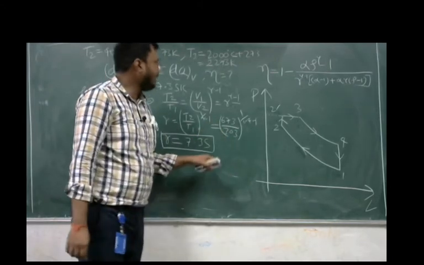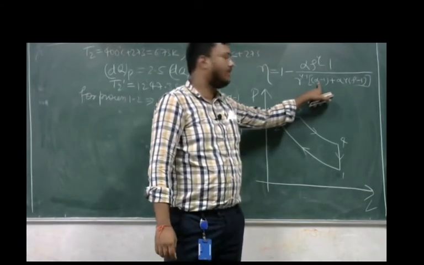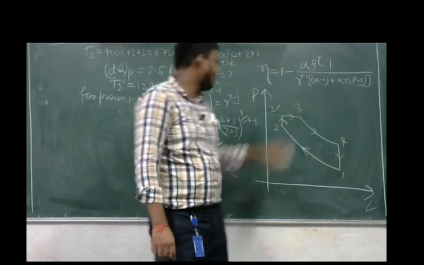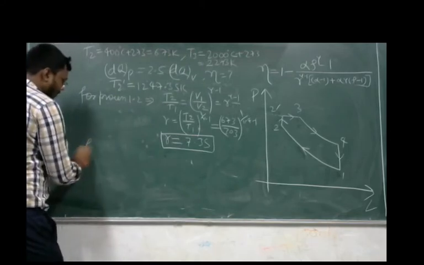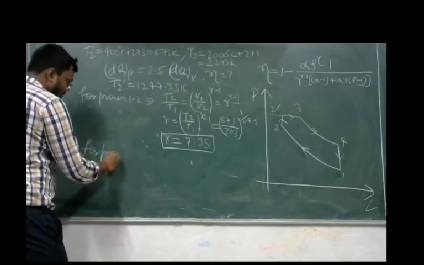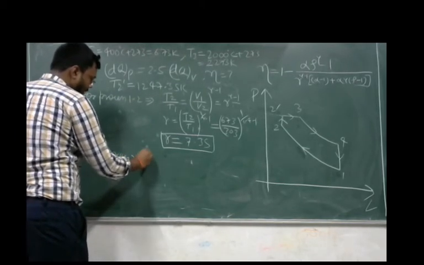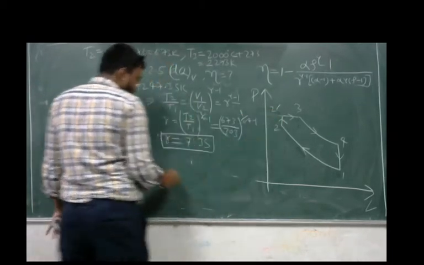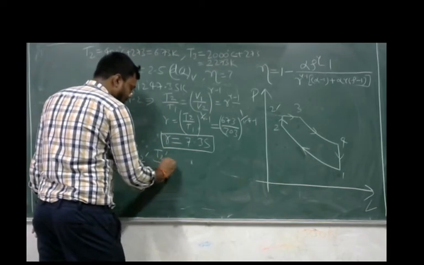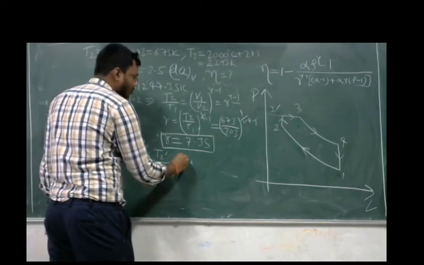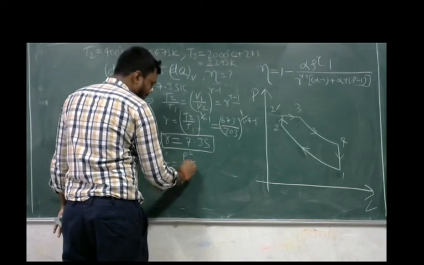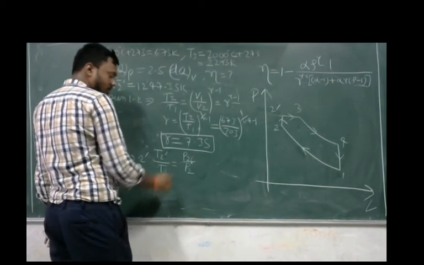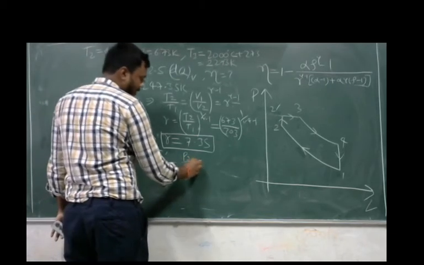The next value we need is alpha, the explosion ratio. For alpha we have to go from 2 to 2 dash. Process 2 to 2 dash is a constant volume process, so we can say T2 dash by T2 equal to P2 dash by P2, and P2 dash by P2 is nothing but alpha.